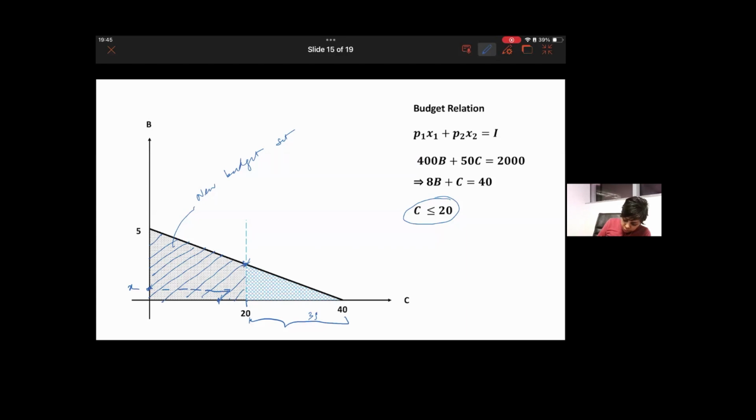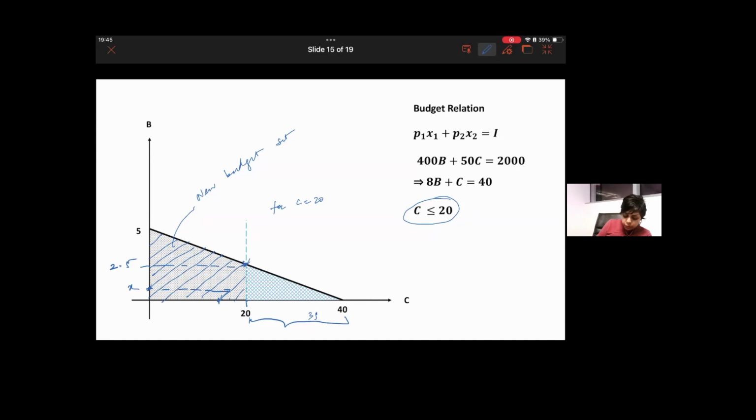Whatever this value at 20 is, I think it was 2.5, if I'm not mistaken. So for C equal to 20, you cannot increase books beyond 2.5. If you want to increase books beyond 2.5, you have to reduce C. But after you reduce C, you cannot increase C, even if you reduce B.